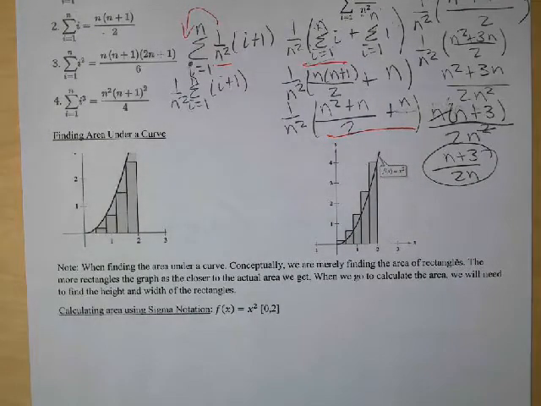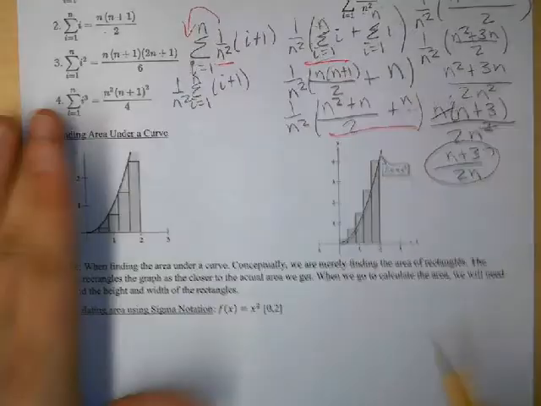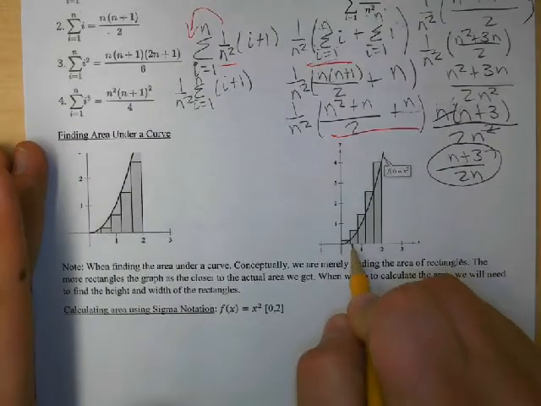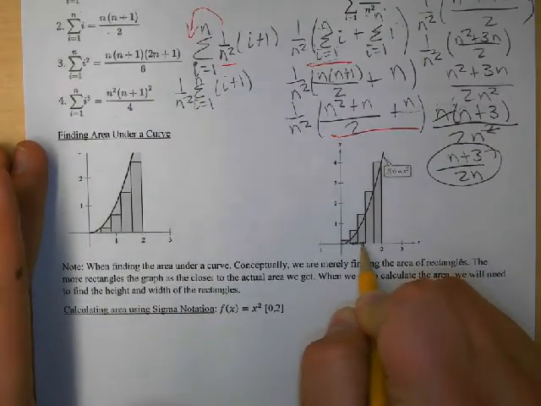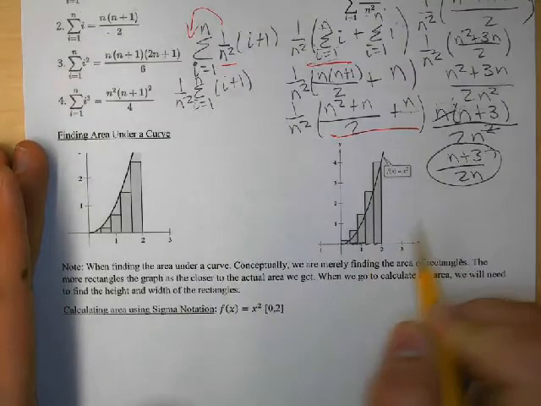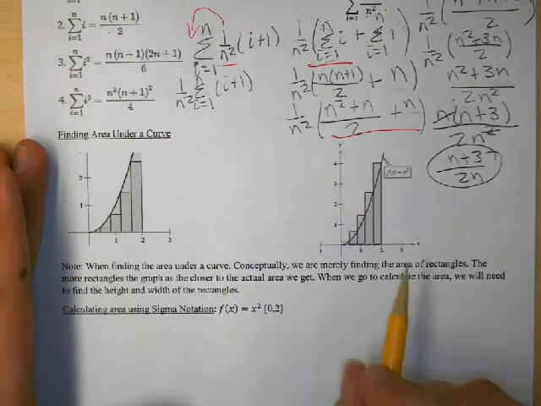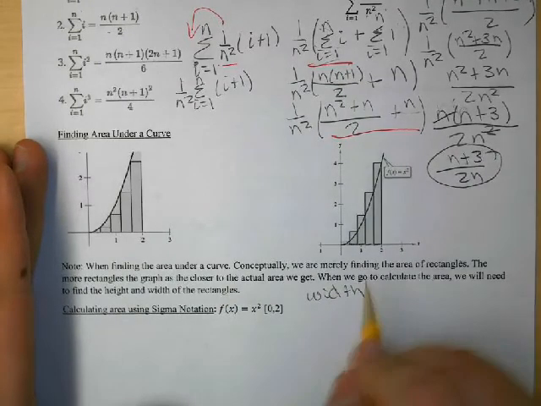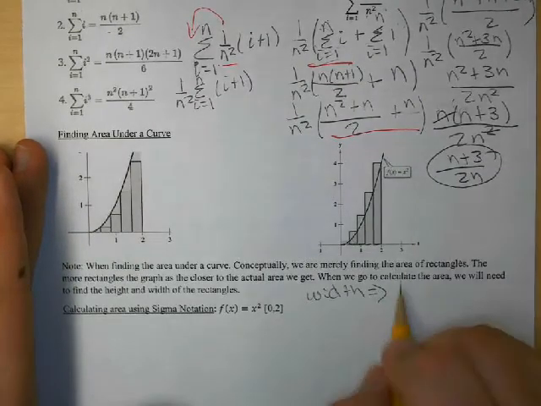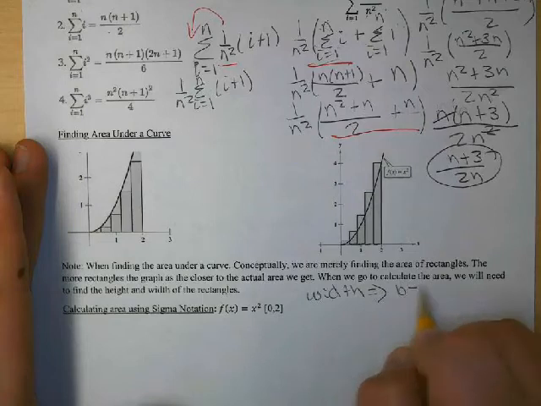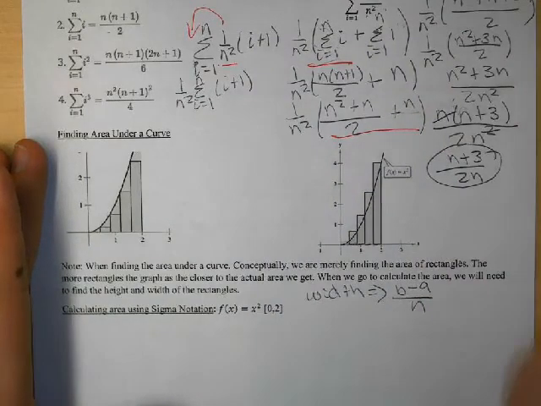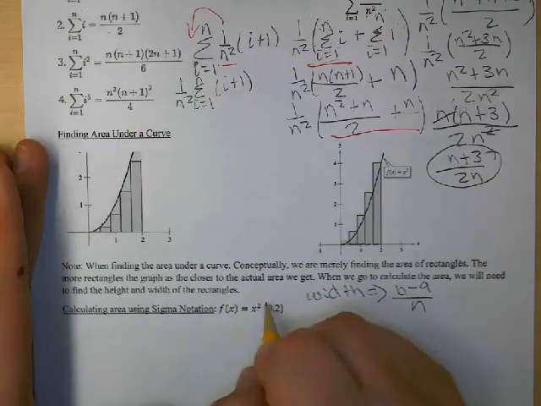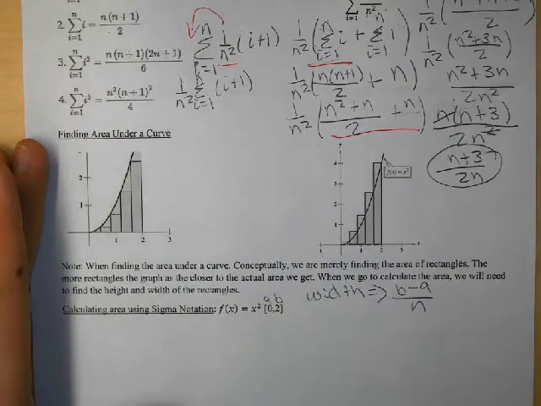Okay? So the first thing that we need to find is the width. Like this stuff down here. How big is that space? That's what we need to find out. Now the width is denoted by the expression b minus a over n. We get our a from here, and we get our b from here.